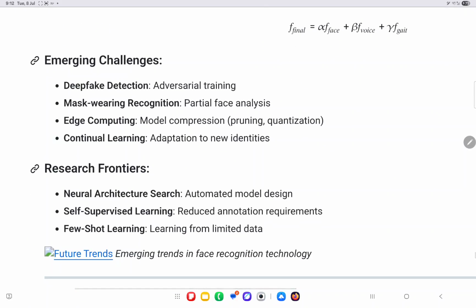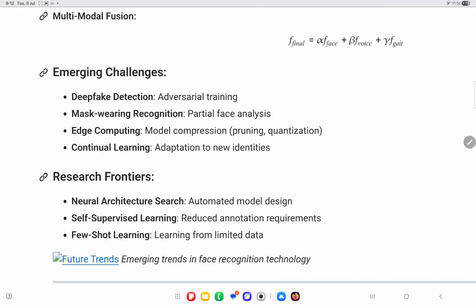And another challenge is that there are identical twins, who have exactly the same face, so we cannot discriminate them currently with face recognition systems.